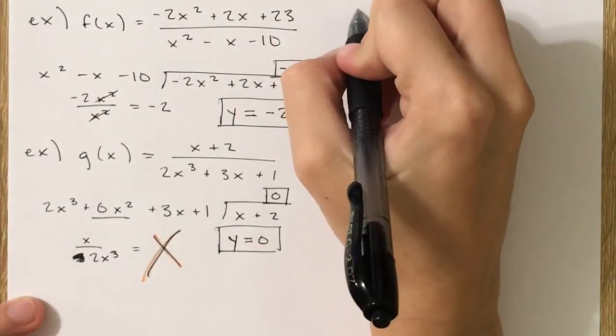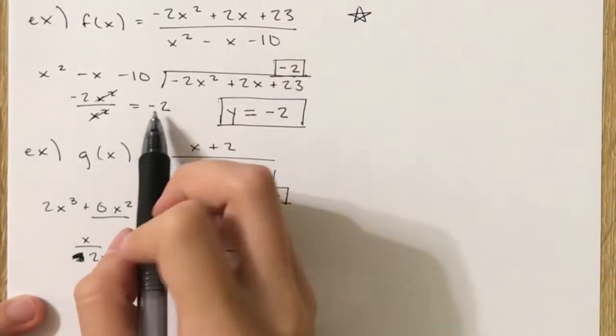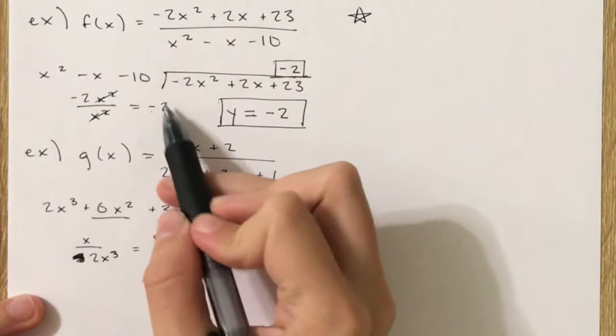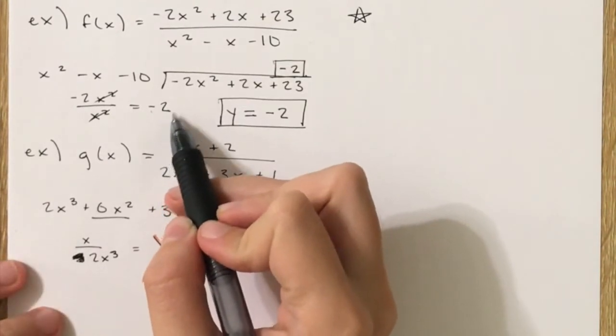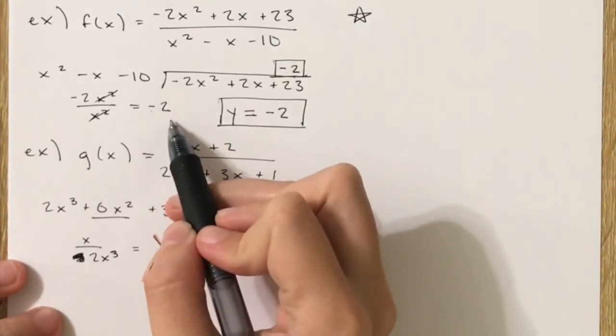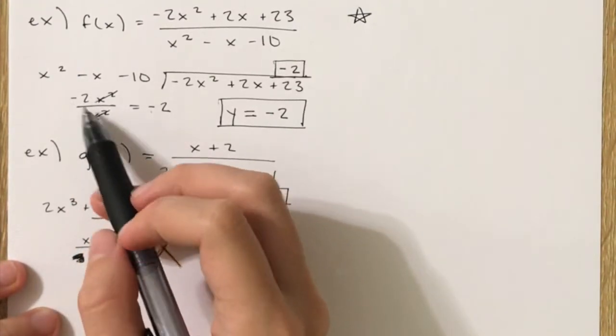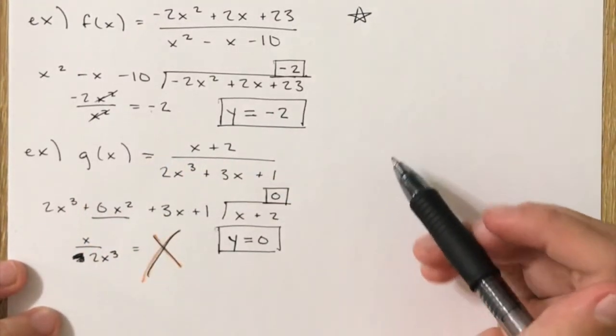What does this tell us? Well, if this is the value of our horizontal asymptote, it's going to be the leading coefficient of the top over the leading coefficient of the bottom.